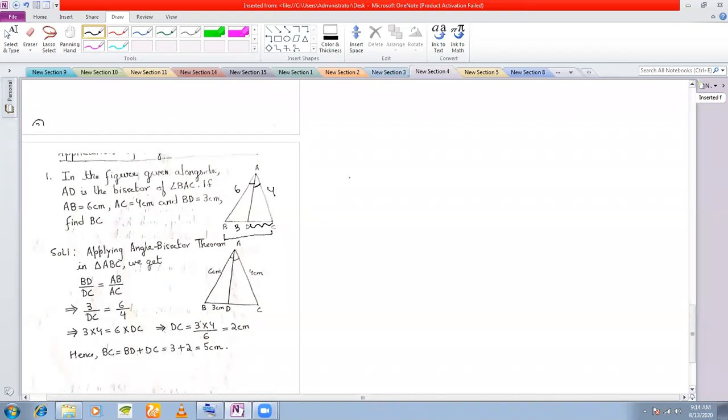Now, by the angle bisector theorem, if a bisector of an angle of a triangle intersects the third side at a point, then it divides that side in the ratio of the other two sides.